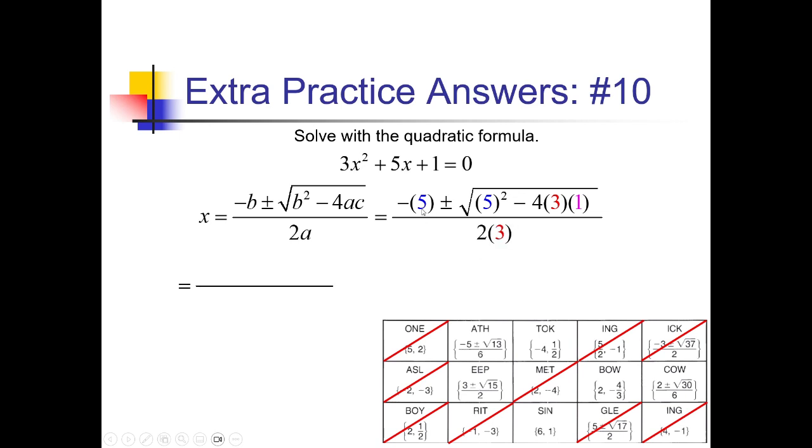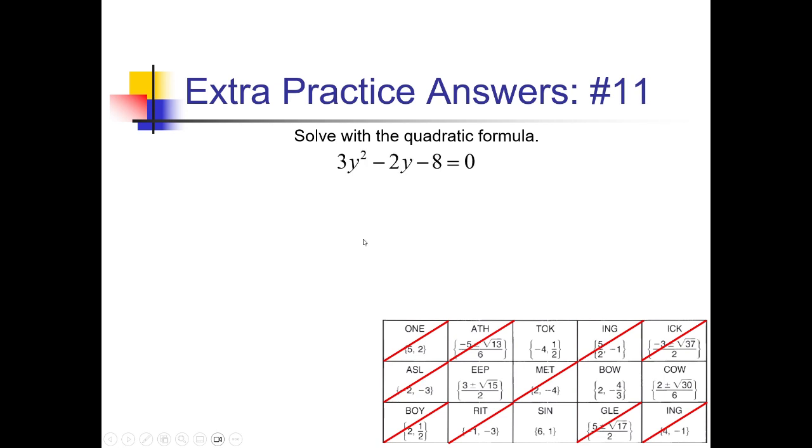So that's negative 5, plus or minus square root of 25, minus 4 times 3 times 1, that's minus 12, all over 6. 25 minus 12 is 13. 13 is not a perfect square, has no perfect square factors, so we're done. Negative 5 plus or minus radical 13 over 6 is this one right here. We'll cross that off, and it's on to the final problem.